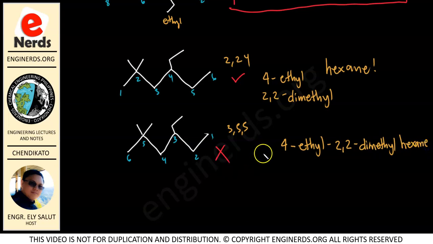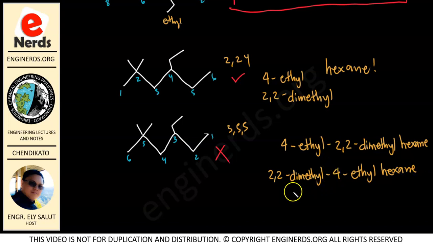Okay? Now, if we are going to start with our dimethyl, we will have 2,2-dimethyl-4-ethyl hexane, right? So, which is the correct answer here?